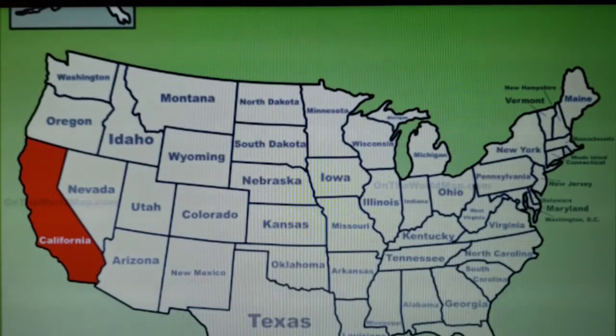On the left and right, 2 oceans. They are Pacific and Atlantic. Pacific in the west and Atlantic in the east. And one more thing that we need to know about the US is the state with the most people, which is California.